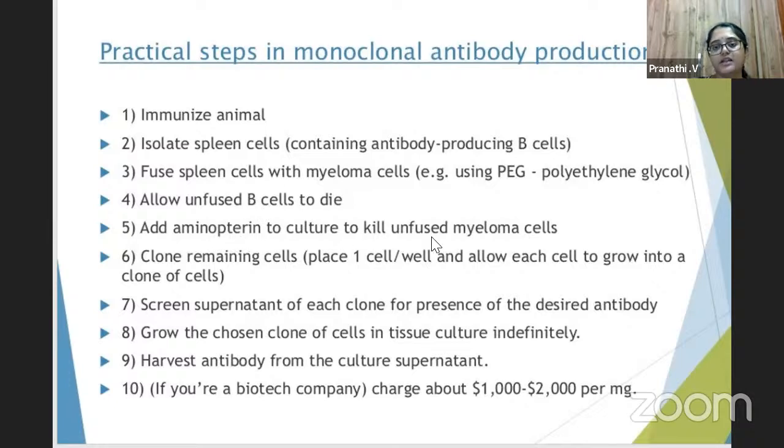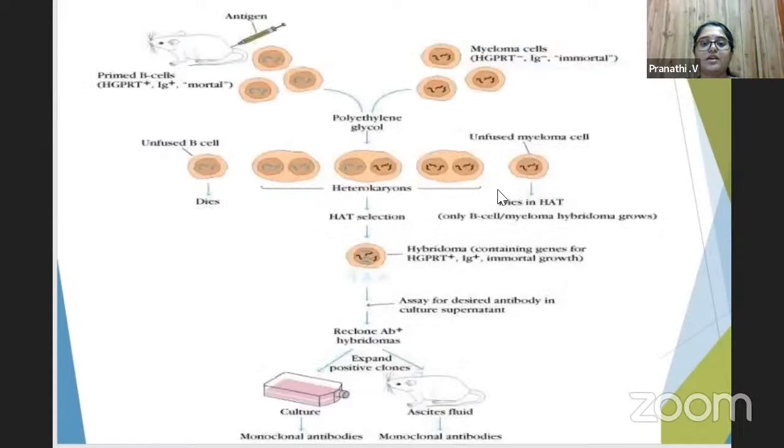This is going to kill the unfused myeloma cells that are present, and then cloning on the remaining cells in the cell plates. Basically, you have a 96 well titer plate. In that you can do this, and then harvest the antibodies from the supernatant. So this is how it is done.